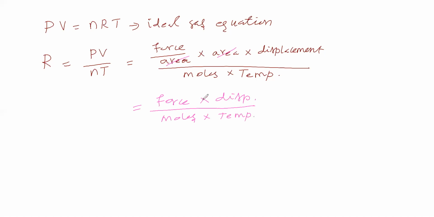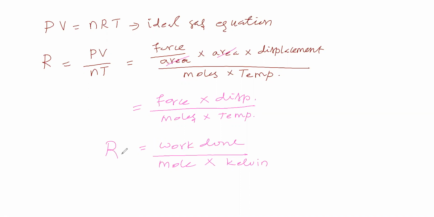Now the numerator: force into displacement is called work done. In the denominator, mole is there and the temperature, which we will say in Kelvin. Force into displacement we will write as work done.